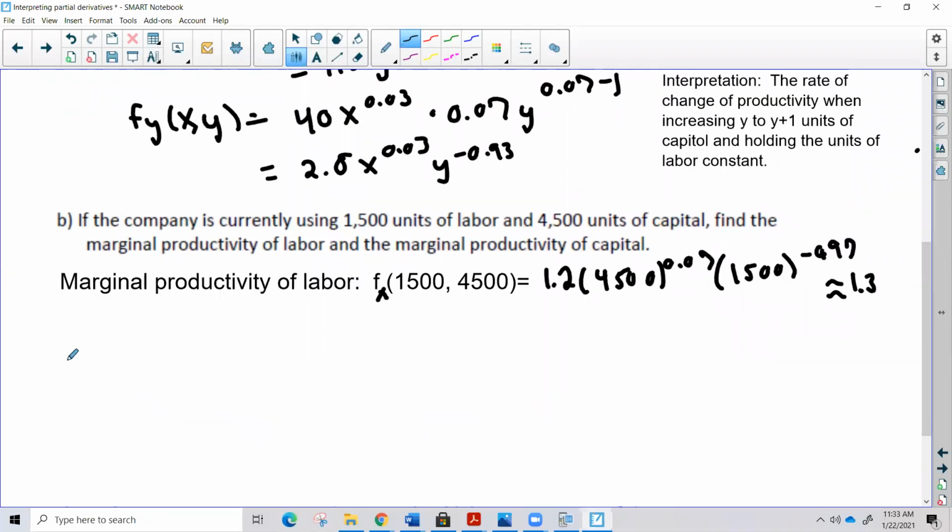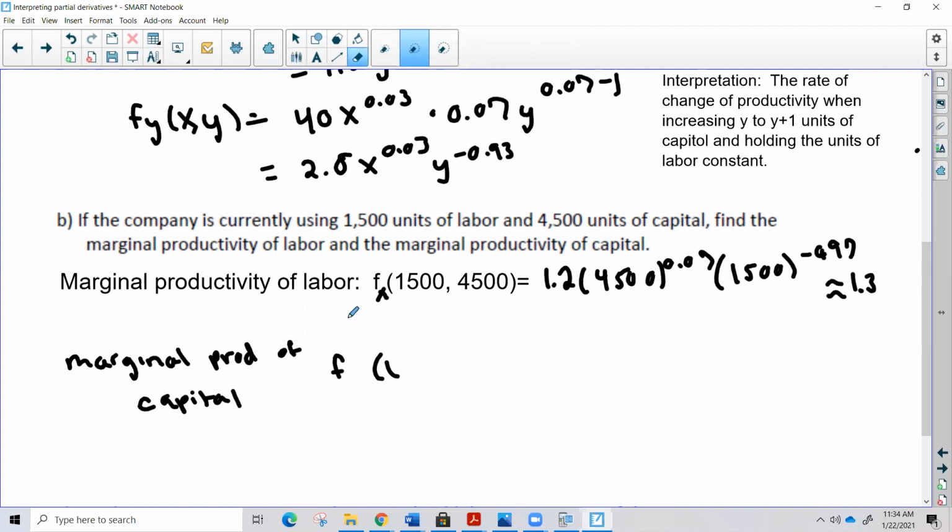And then for the marginal productivity of capital, we use, again, Fy, sorry, of XY. And we're going to plug in 1,500 and 4,500.